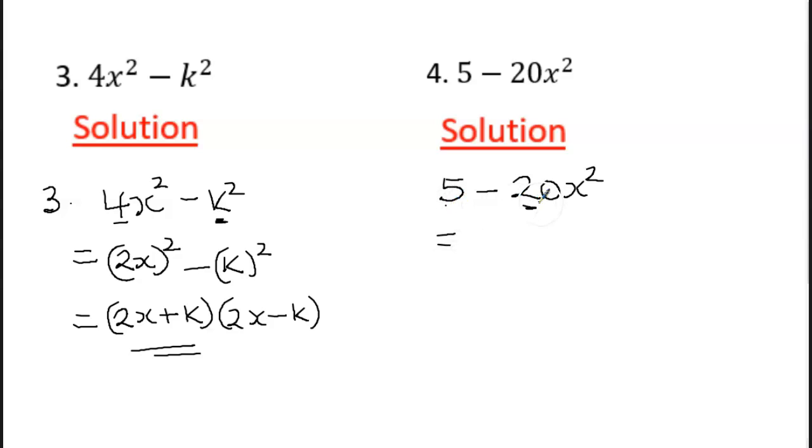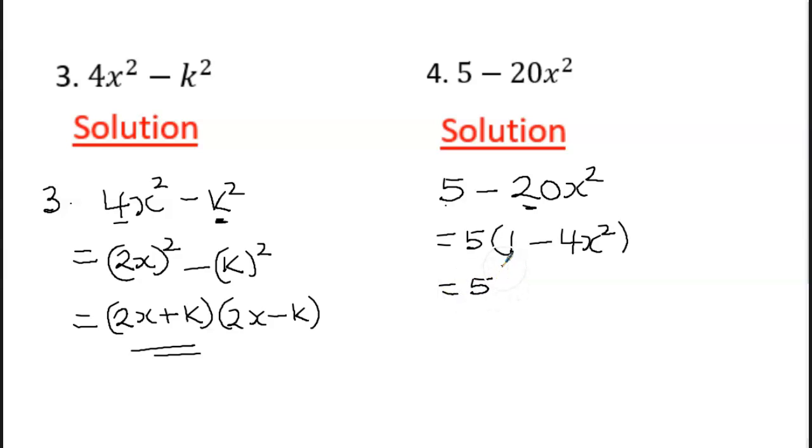Know that 5 can go into 20, so we can bring 5 out. I want to bring 5 out to be left with 1 here, and 5 into 20 is 4. Then you bring your x squared. So let's check what is in the bracket. 1 is a perfect square, 4 is also a perfect square, x squared is a perfect square. So we can now apply the difference of two squares.